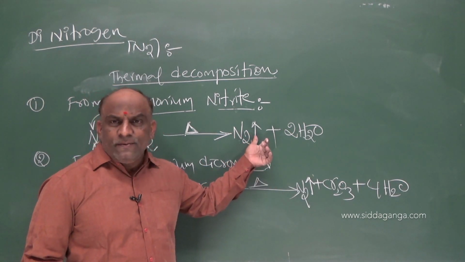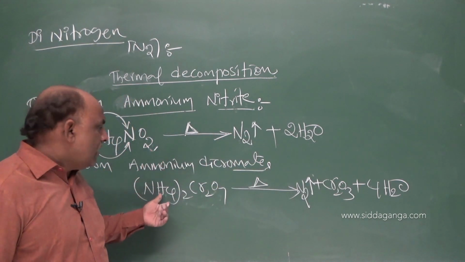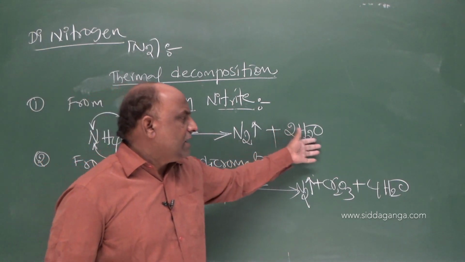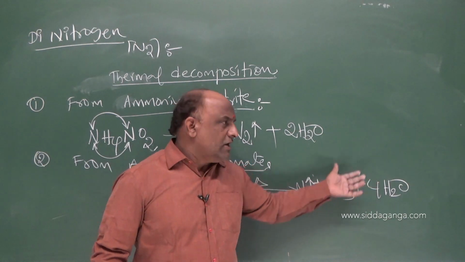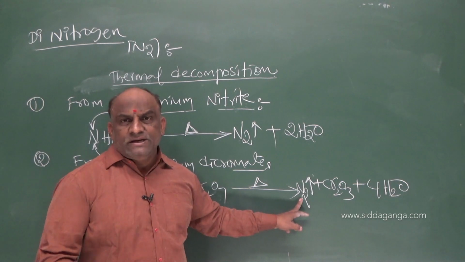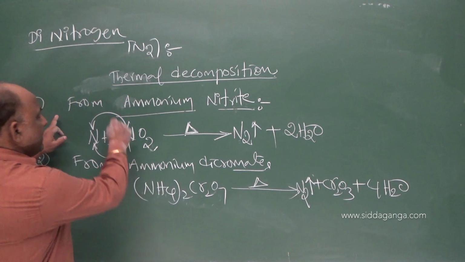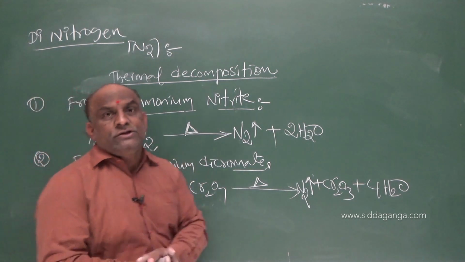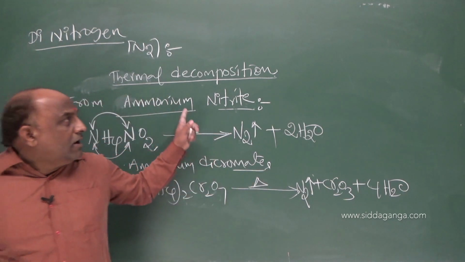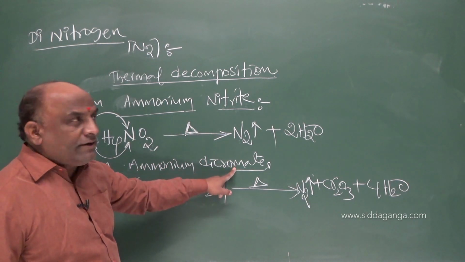Dinitrogen is liberated on thermal decomposition of ammonium salts, ammonium nitrite or ammonium dichromate. First your target is elimination of water, and the product we expect is dinitrogen. Make notes regarding these two preparations of dinitrogen.